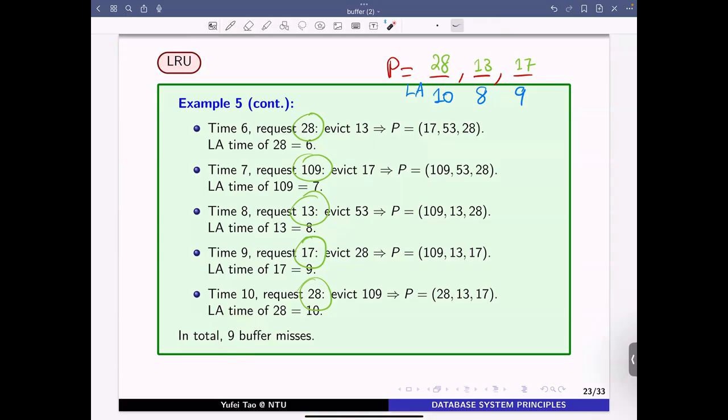Actually, the example was deliberately designed this way to debunk a common misconception that FIFO is always worse than LRU. That's not true. You have just witnessed a counterexample. I can tell you in practice, LRU makes more sense than FIFO. That is a fact.